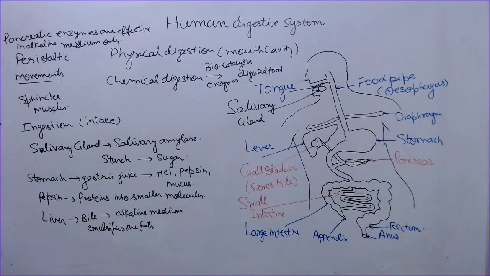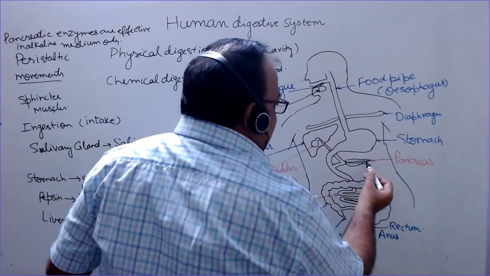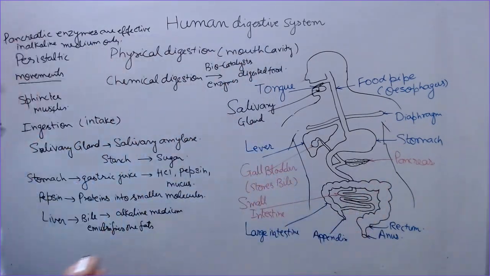As far as the second function is concerned, the salts present in the bile break the fat present in the food into small globules, which is emulsification, making it easy for the enzymes to act and digest them. And on the other hand, we have the pancreas. This is a large gland and it secretes pancreatic juice.